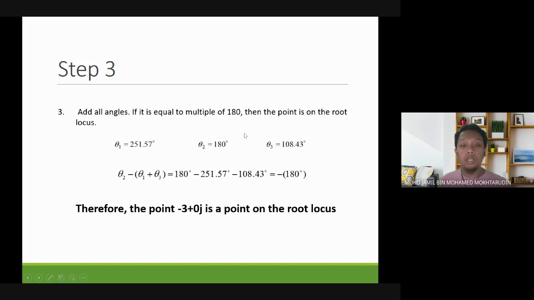Then we can conclude that the point minus 3 plus 0j is located on the root locus. Okay, so always remember, when you find the angle, you add the zeros minus the angle of poles, or poles minus zeros. In either way, you will get a multiple of 180 degrees. If you don't get a multiple of 180 degrees, then the point is not on the root locus.